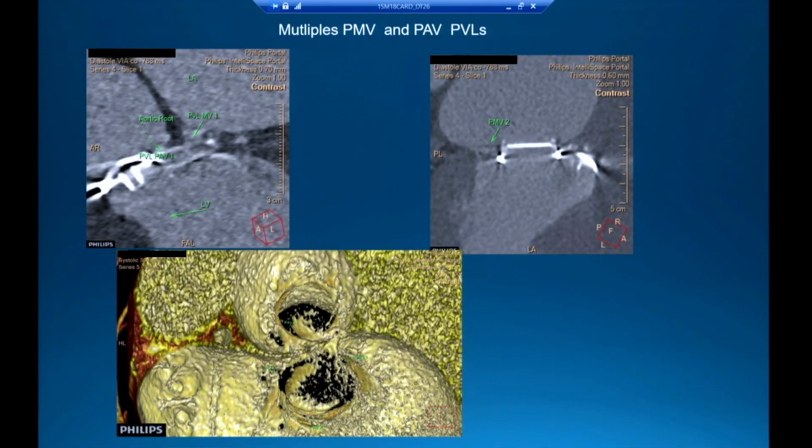Furthermore, if you see multiple jets, like in this interesting case, the patient had both a PVL of the aortic valve and a PVL of the mitral valve.